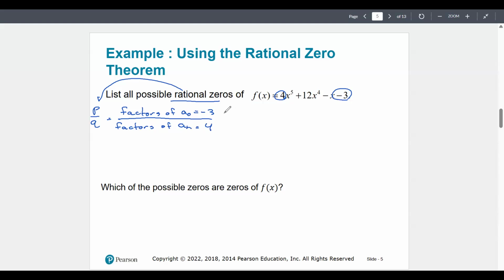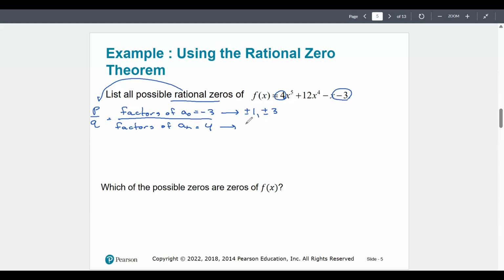So we have positive factors and negative factors because -3 is not only divisible by 1, but it's also divisible by -1. So we'd have plus or minus 1 are factors of 3 and another factor plus or minus 3. Those are the numbers I can divide into -3 and do it evenly.